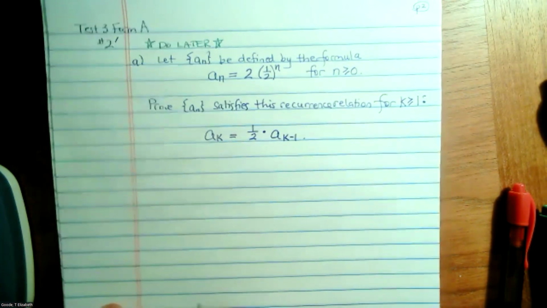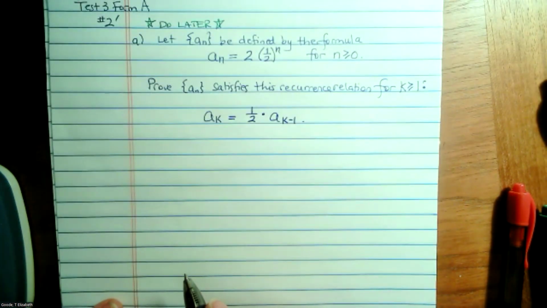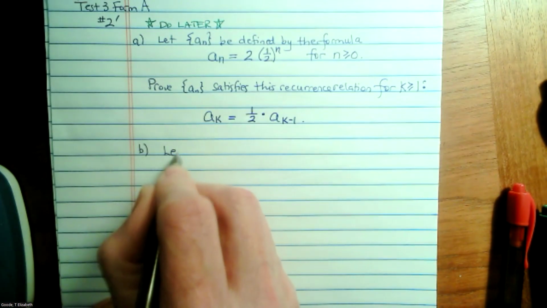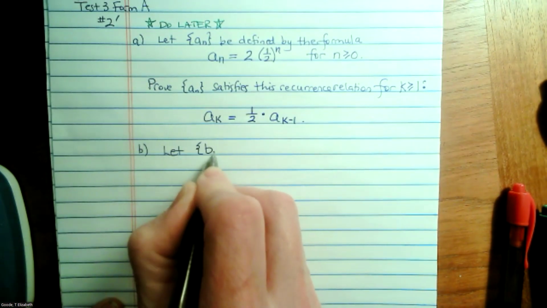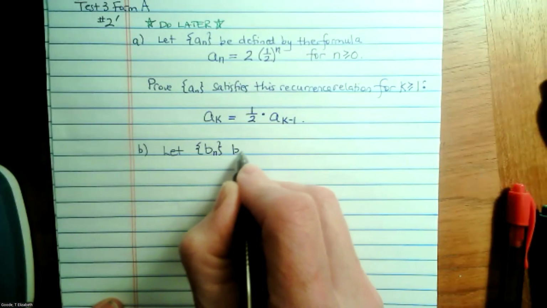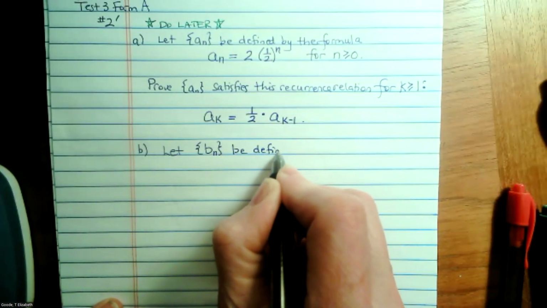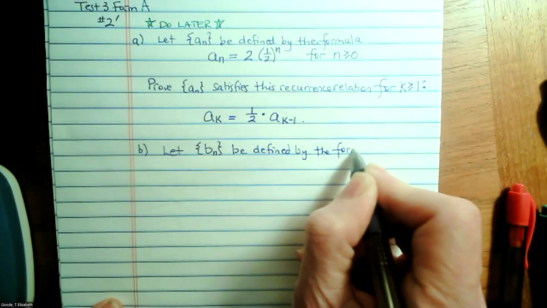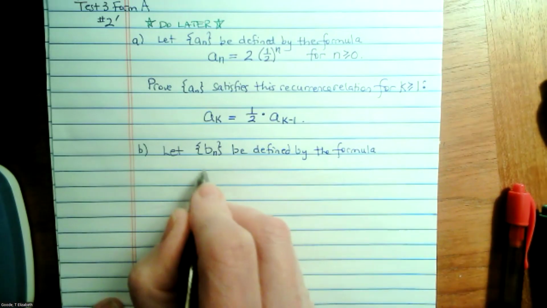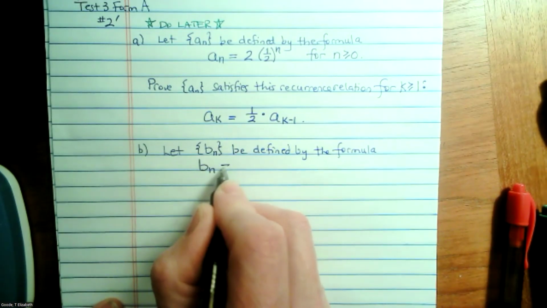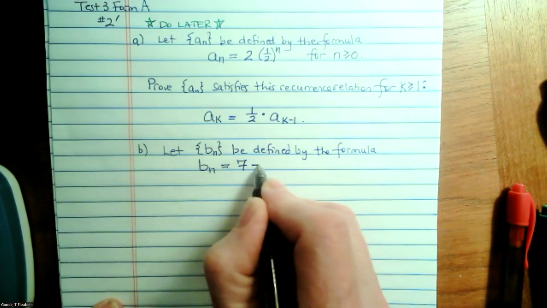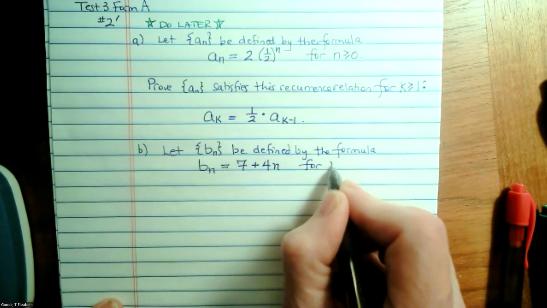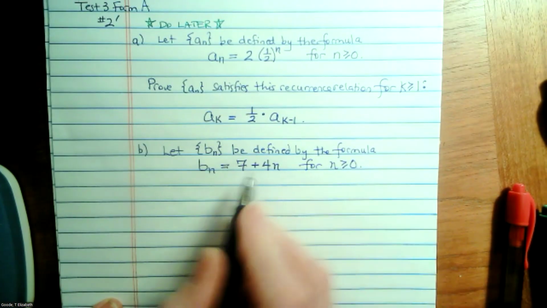Okay? So it's another geometric situation. I'll give you an arithmetic one too. Let B sub n be defined by the formula B sub n equals 7 plus 4n for n greater than or equal to 0.